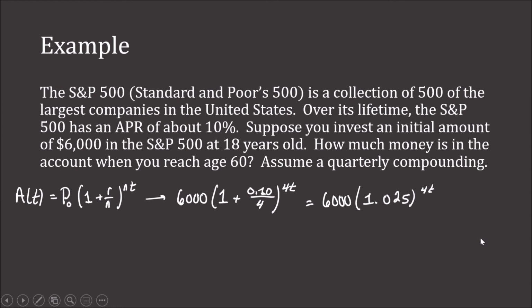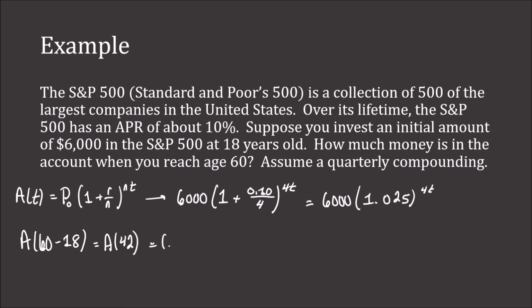Right, so after we hit 60, we want A of 60 minus 18, right? We want how many years it's invested. Well, that is 42.